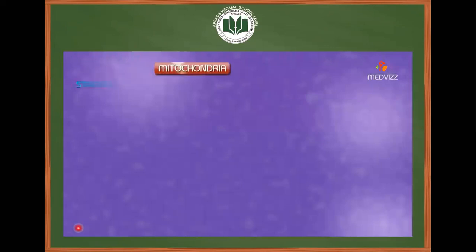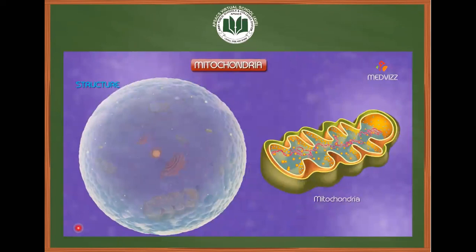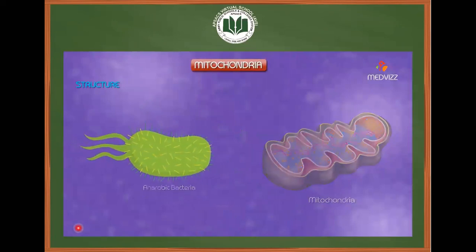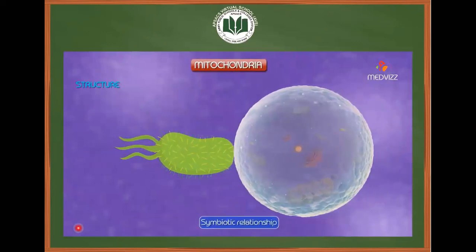Mitochondria. Structure. Mitochondria are intracellular organelles found in almost all human cells. Mitochondria are thought to be derived from the aerobic bacteria that invade the proto-eukaryotic cell more than 1 billion years ago and lived in a symbiotic relationship with it, exchanging energy in the form of adenosine triphosphate for residence. However, this endosymbiotic hypothesis is not universally accepted and has been challenged.